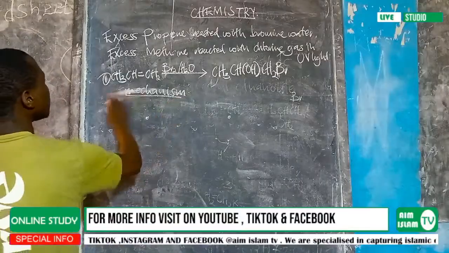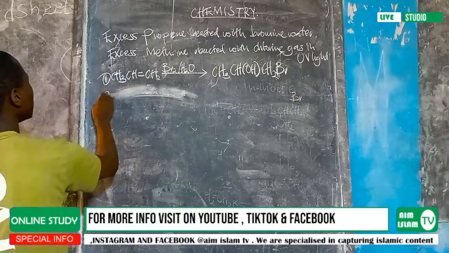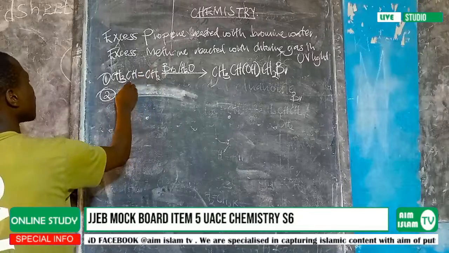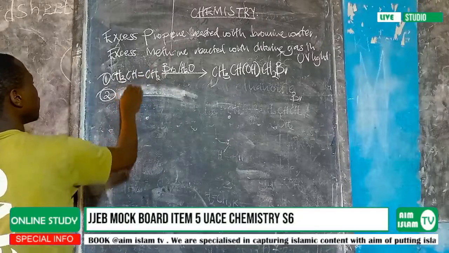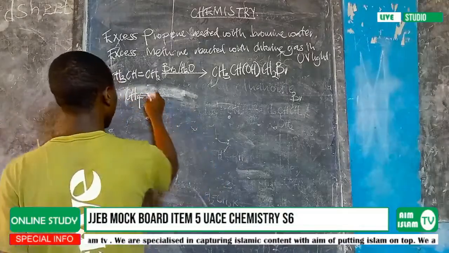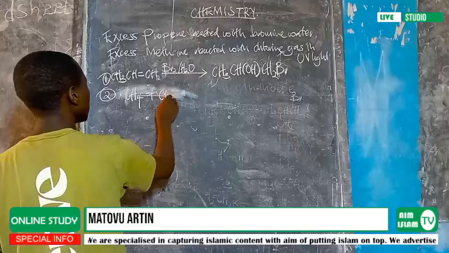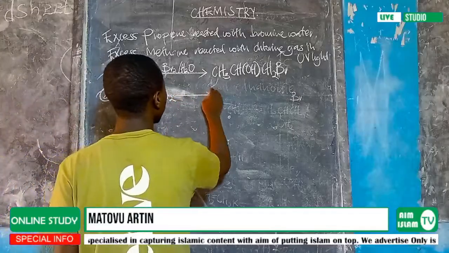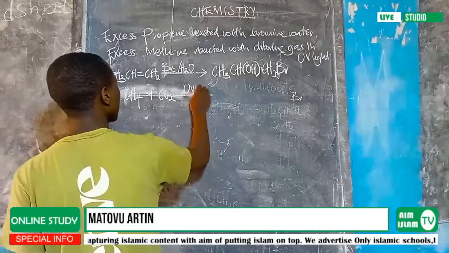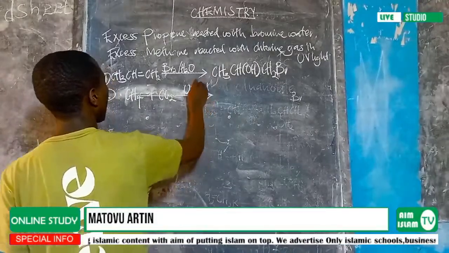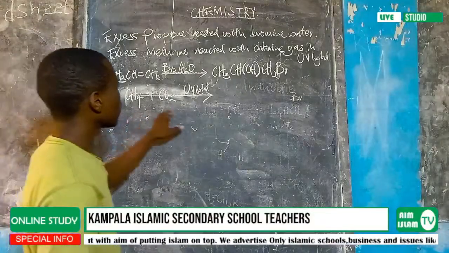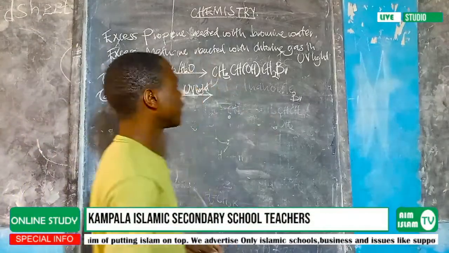Then the next part, they want us to obtain. They are saying excess methane reacts with chlorine gas in the presence of UV light. So we have to get some product.